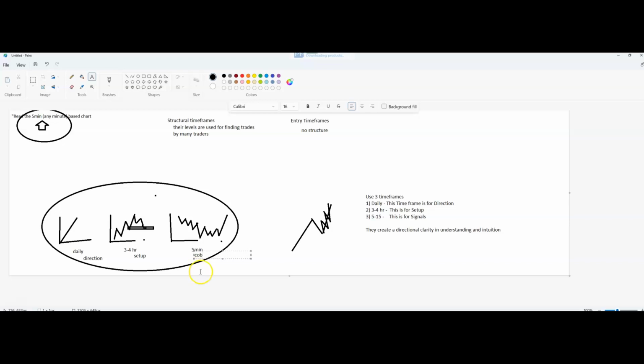Right? So daily, boom, and you see daily direction, 3 to 4 hour setup. If this is a spring, it's also good. Like that works, right? So that's one thing. This is how you do it.